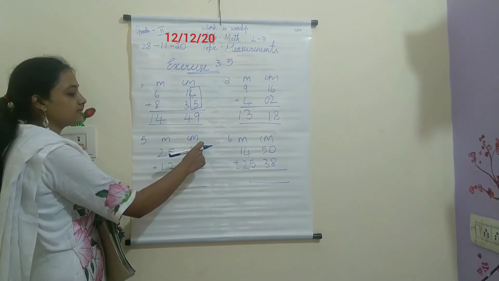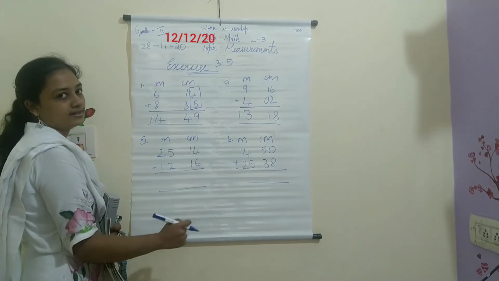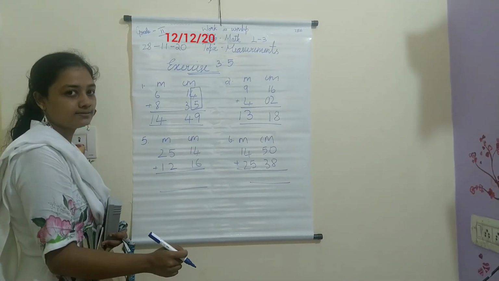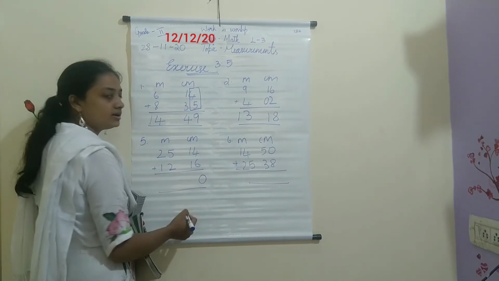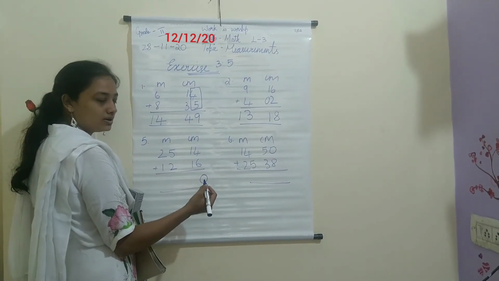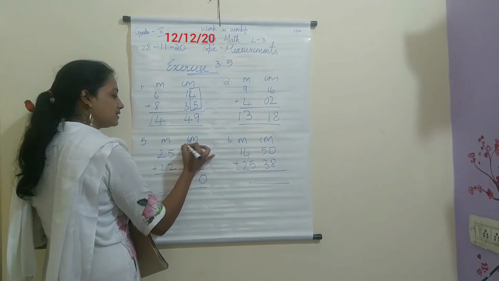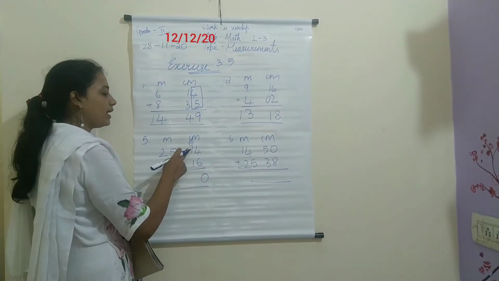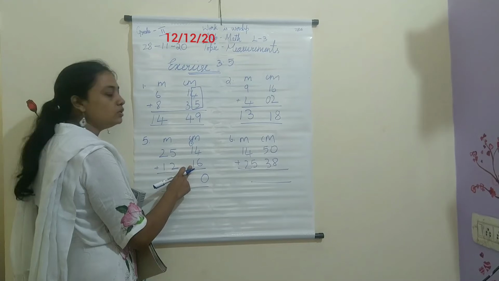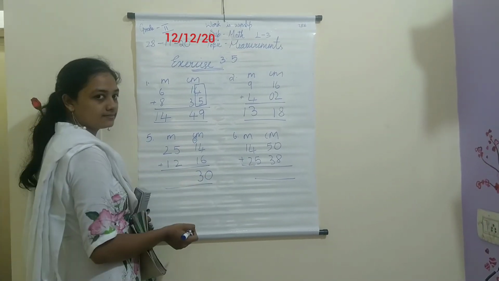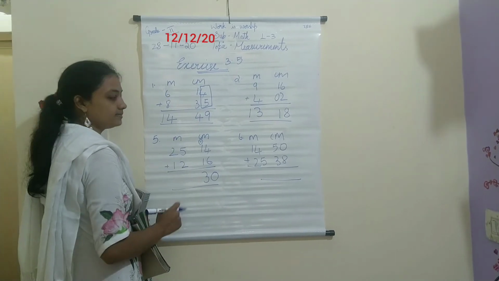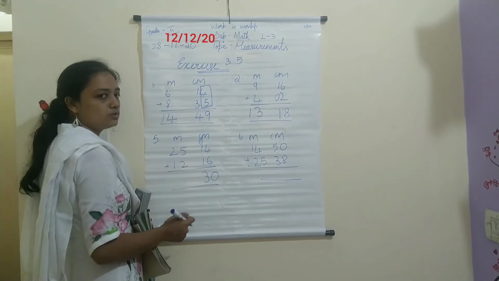In the fifth sum, start adding 4 and 6. What is the answer you get? You get 10. So I write 0 here. And normally how do you do it? You carry 1 to the next number. So now add 1 plus 1 is 2. 2 plus 1 is 3. Now go for the meter side. 5 plus 2.